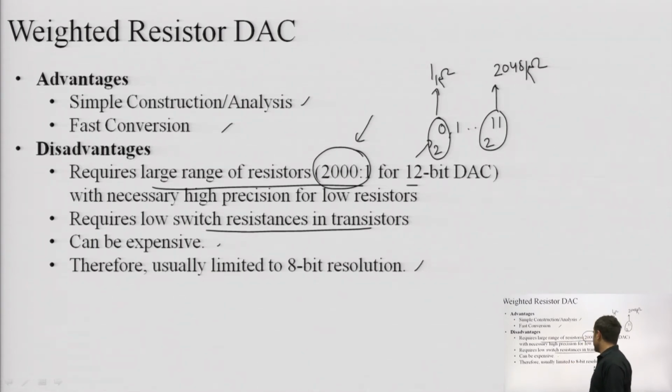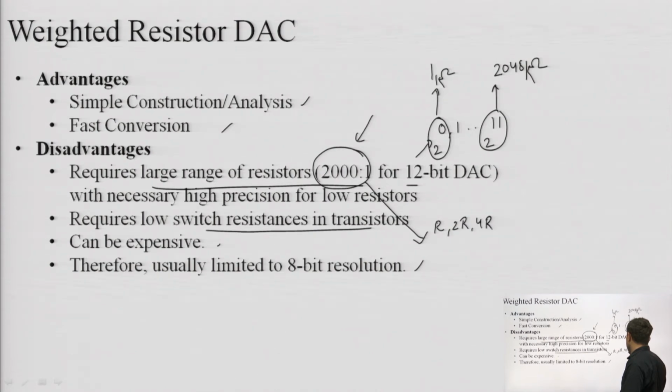So for that 8-bit resolution, we will be having resistance values of R, 2R, 4R, 8R, 16R, 32R, 64R, and 128R.